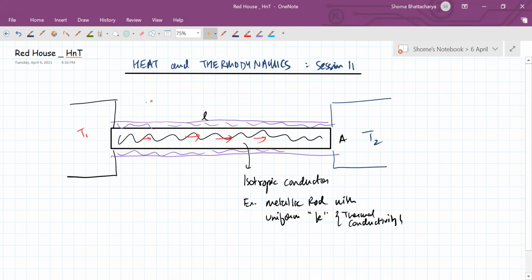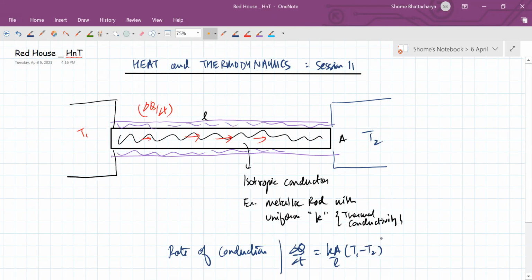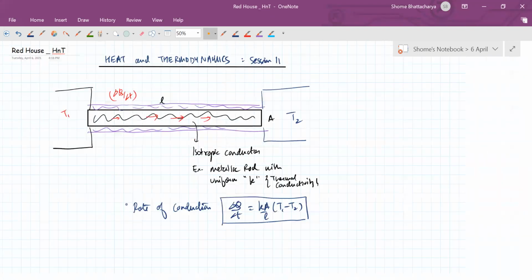And we saw that in steady state, the rate of heat flow becomes this particular quantity. And also, apart from this, there is a uniform temperature gradient.